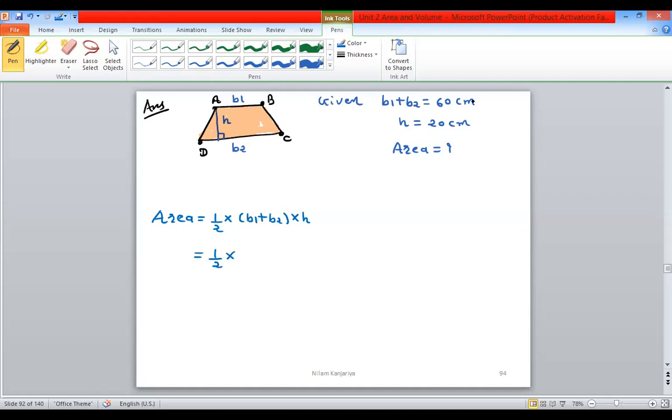The sum of the bases is given to you, 60 centimeter, and the height is 20 centimeter. Take the multiplication, but first of all you cut it. This is 10. So 10 into 60 gives 600, and centimeter into centimeter.